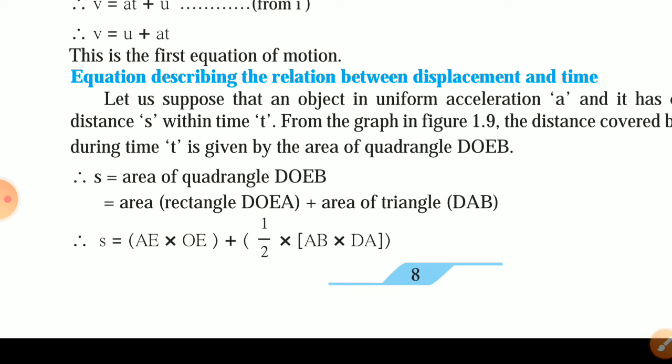Therefore, the area of the quadrangle is equal to the area of rectangle DOEA plus the area of triangle DAB.